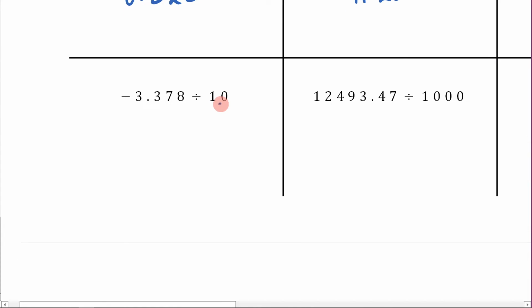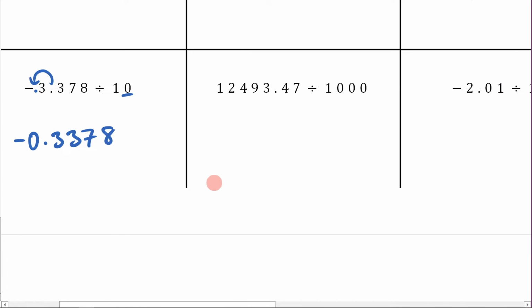What about this one? I have 1 zero, so I move it once to the left. So it's going to become negative 0.3378. Then we come to the next one. I've got 1, 2, 3. So that means I'm going to go 1, 2, 3. It's going to become 12.49347.